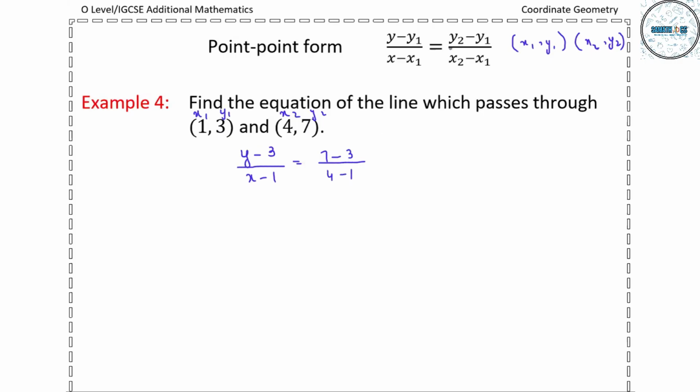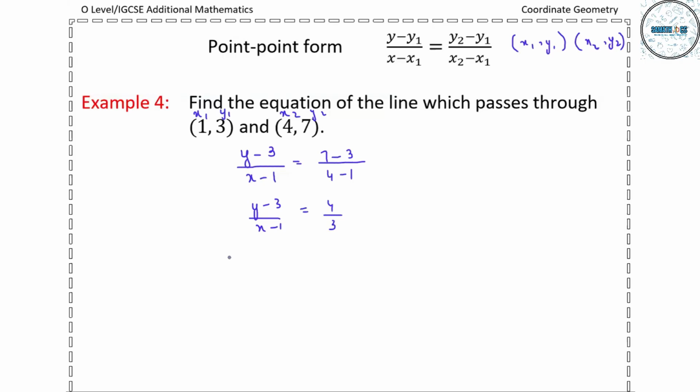You see, this is the formula for gradient, (y2 - y1)/(x2 - x1). Instead of taking out the gradient separately, we are just writing it in this formula. So (y - 3)/(x - 1) = 4/3.